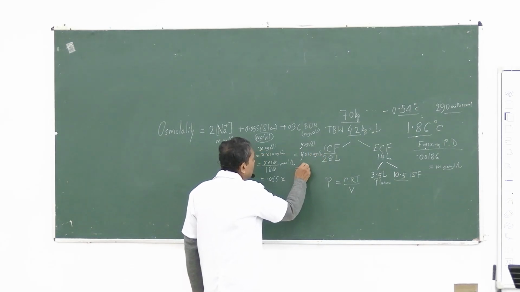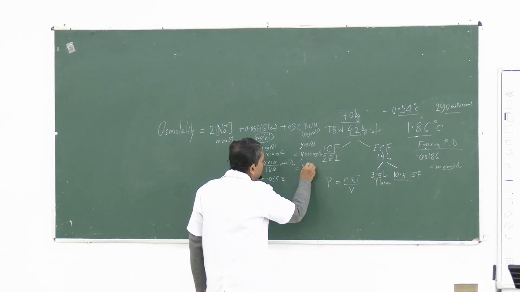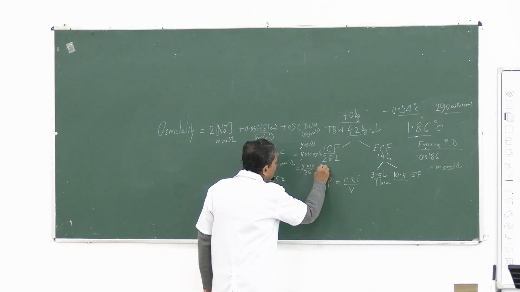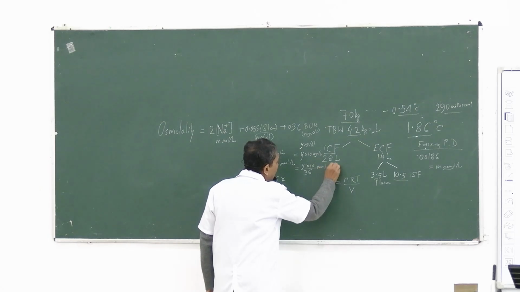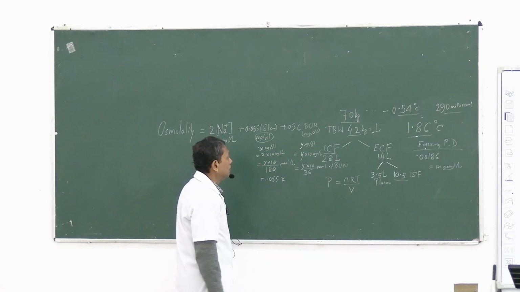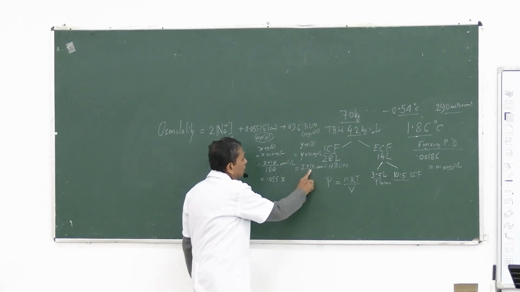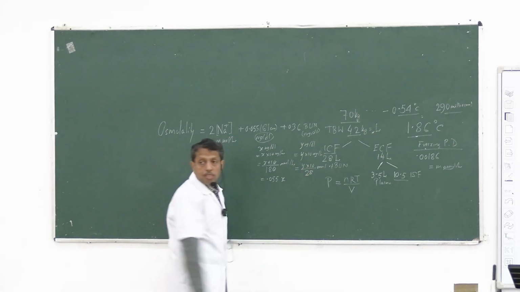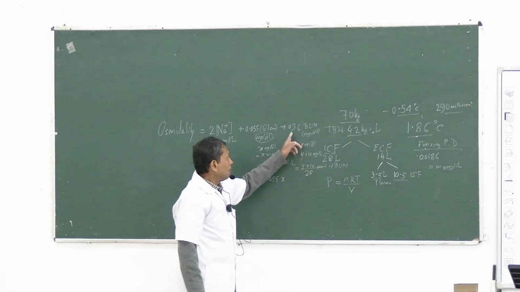And in case of urea, it is 10 divided by 28 millimole of blood urea nitrogen. You divide this with this, you will get this value, 0.36.